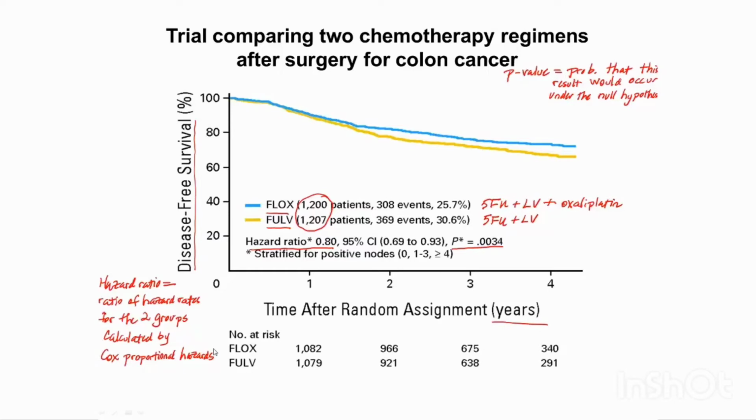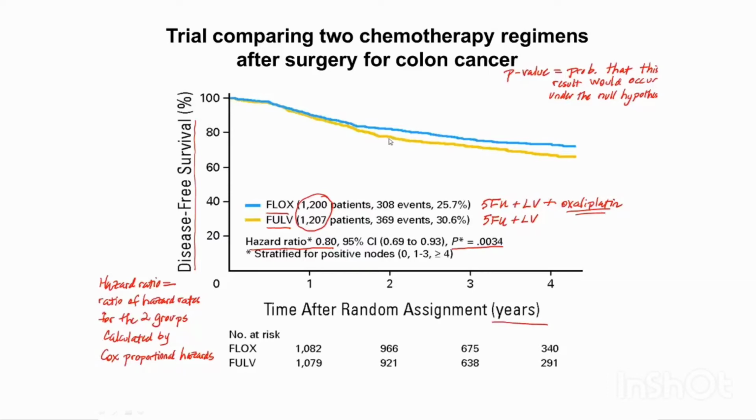So another way of looking at hazard is, in addition to the Cox proportional hazards, you might want to explain to your patient, say, what are the chances that this treatment, oxaliplatin, which is not benign at all, there are significant side effects with oxaliplatin, most notably pain and tingling in the fingers and toes, which actually can become permanent in some cases. So what is the likelihood that you'll actually get benefit from the oxaliplatin in terms of preventing recurrence of the disease?